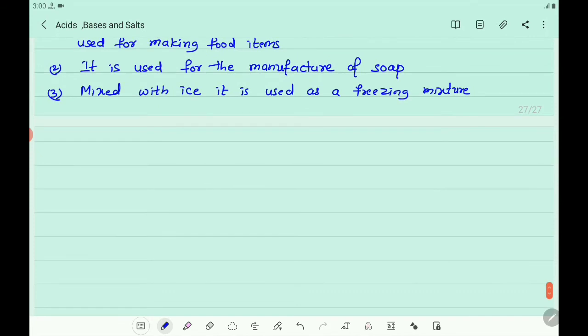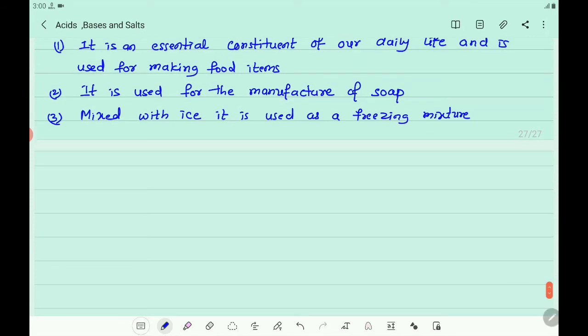And it is used as a preservative for meat, fish and pickles, etc.